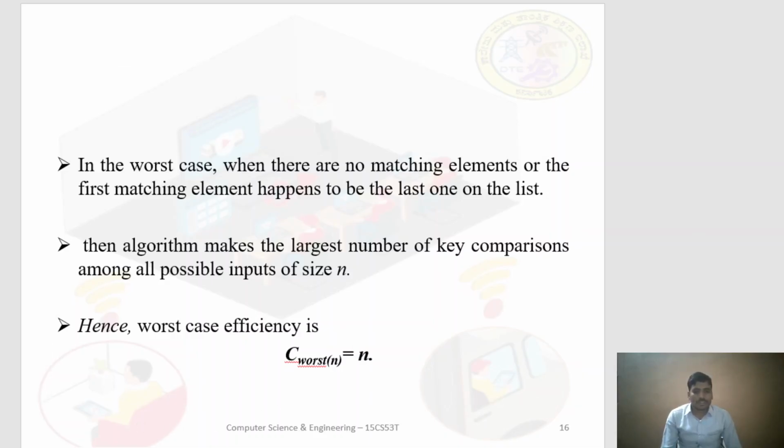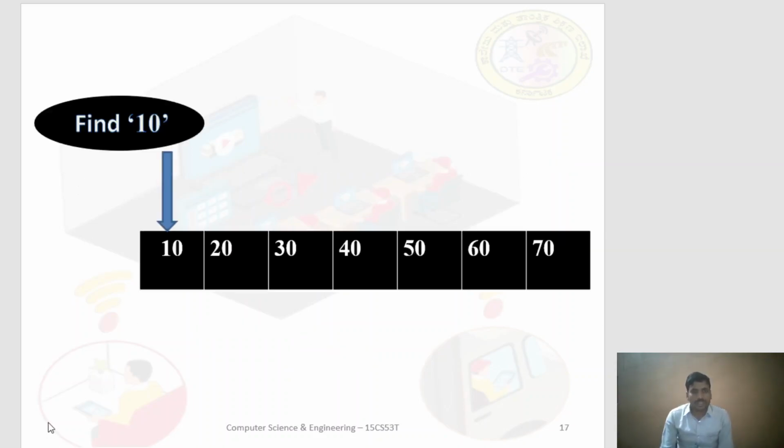Next, let us discuss the best case efficiency of the linear search. Let me take another array, say 10, 20, 30, 40, 50, 60 and 70. These are the elements of the array. And what is my search key? My search key is 10.